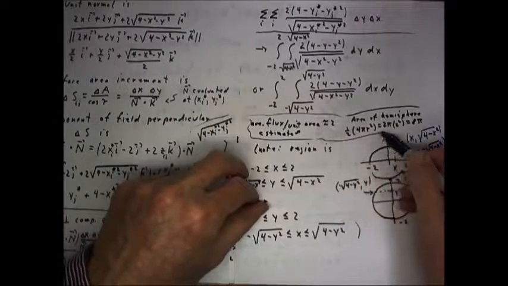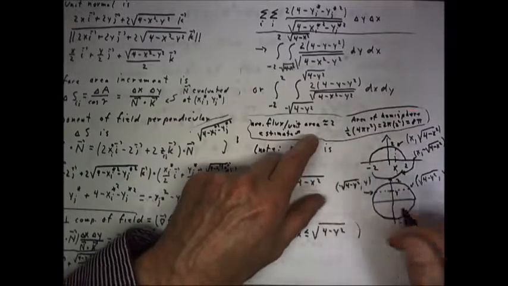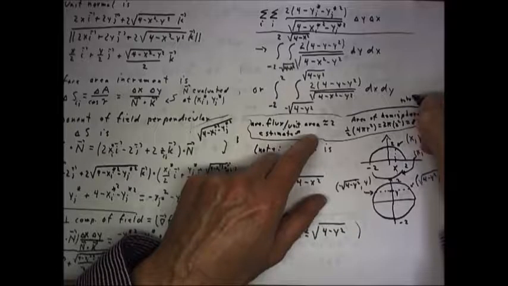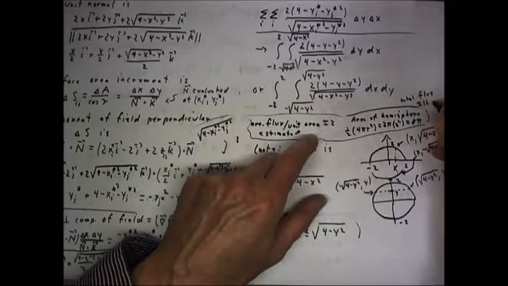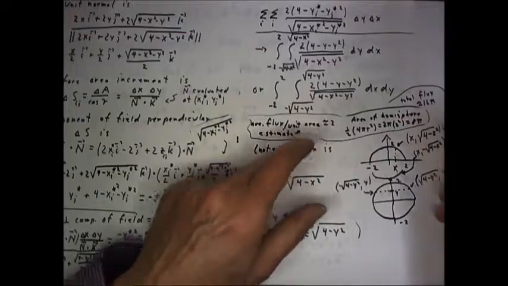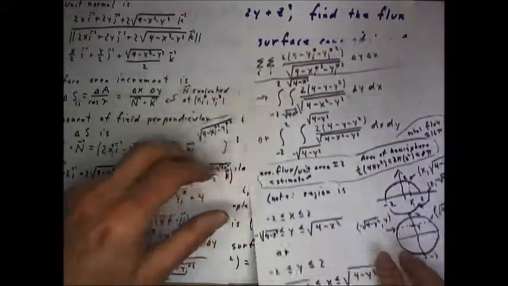Accordingly, the average flux out of the sphere is about 2, and the area of the sphere is 8 pi. I estimate then total flux may be around 16 pi. I don't have a whole lot of confidence that's a real accurate estimate, but if I get something that's drastically different than 16 pi, I've got to either rethink my picture or rethink my integral.